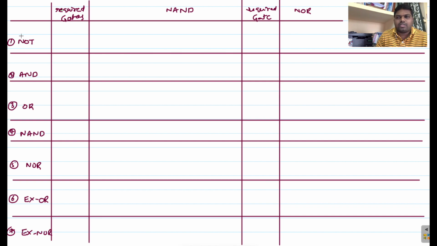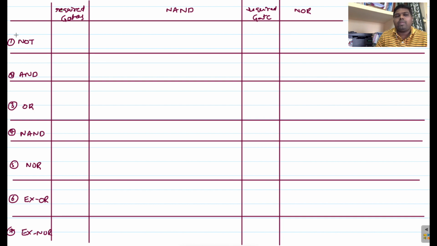These logic gates we can construct with the NAND and NOR logics only. So you can construct any digital circuit with the help of NAND or NOR logic, right?